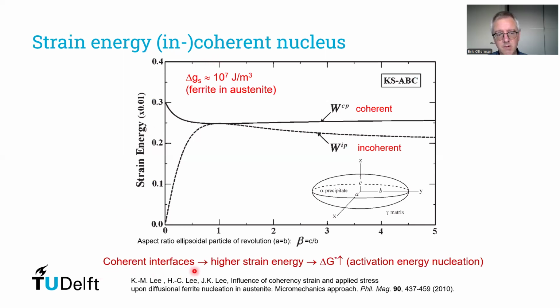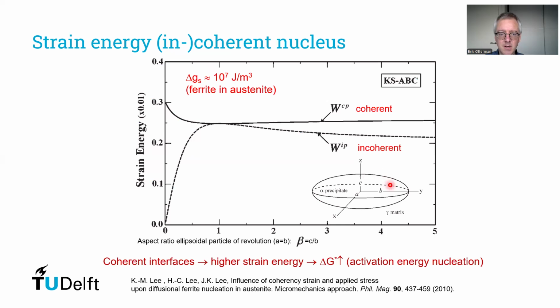And in this case, coherent interfaces might lead to a higher strain energy, which would increase the activation energy for nucleation. And that's shown here, work by Lee et al., which shows that if you have a coherent precipitate, the strain energy is higher than when you have an incoherent precipitate, and it also depends on the geometry of the nucleus.